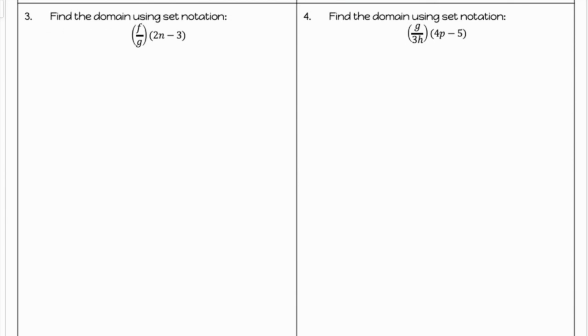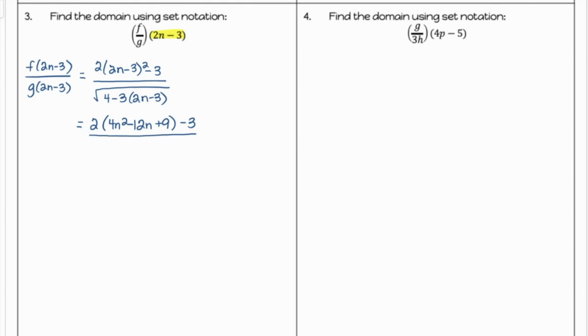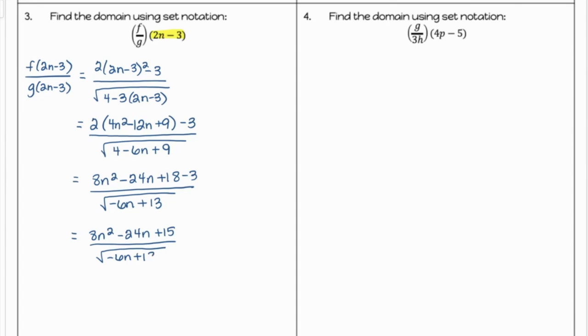So what we are going to do is we're going to do the operations with that given input, simplify as much as possible, and see what we end up with.